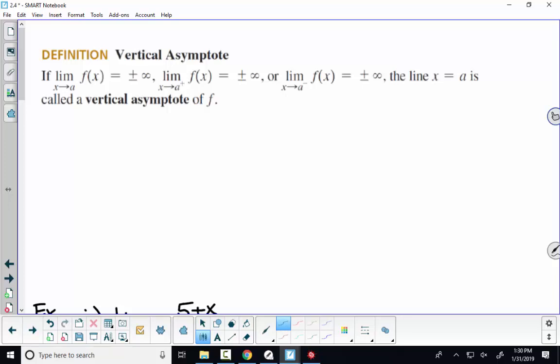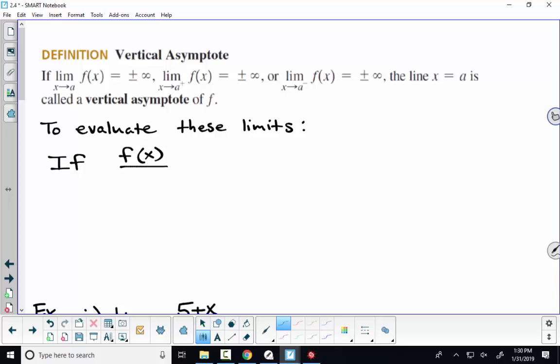So really, to evaluate these limits, what we're looking at is if we have one function divided by another function, sorry, we're looking at the limit on that.